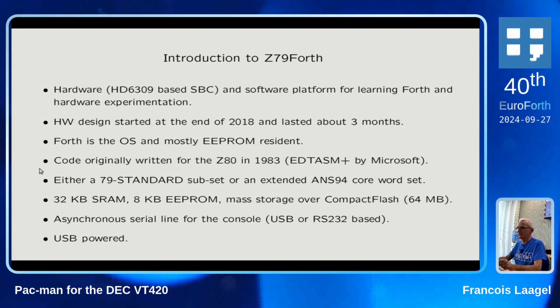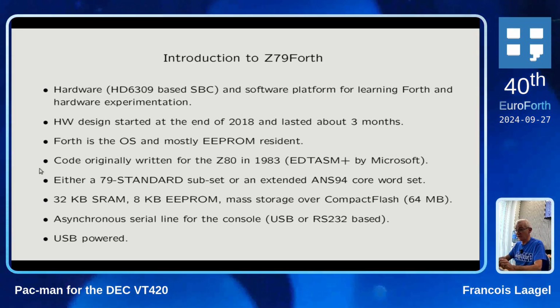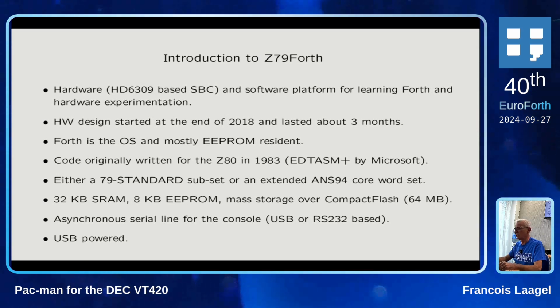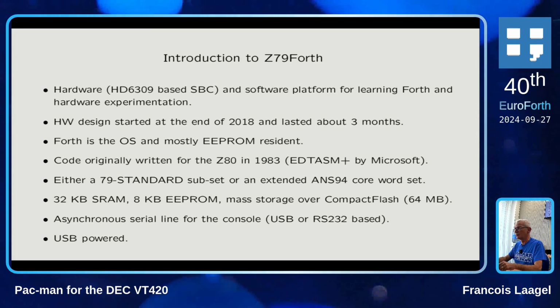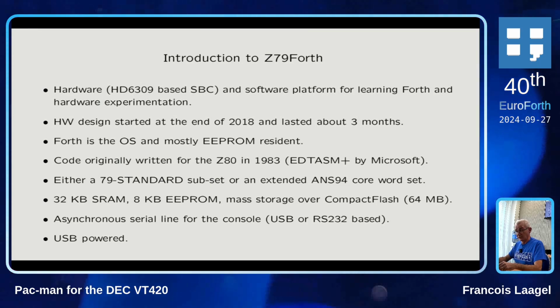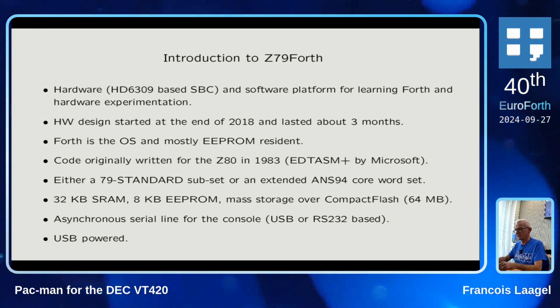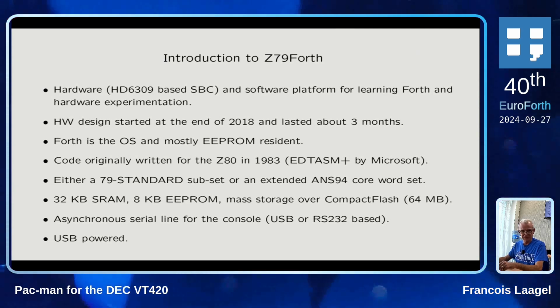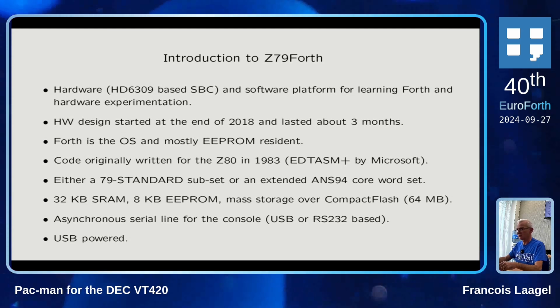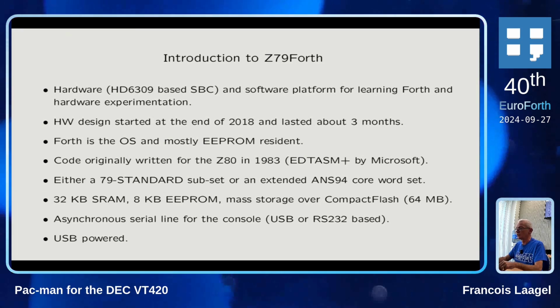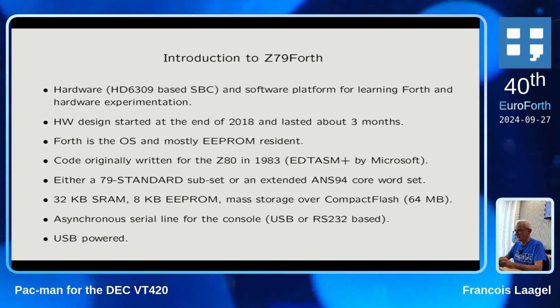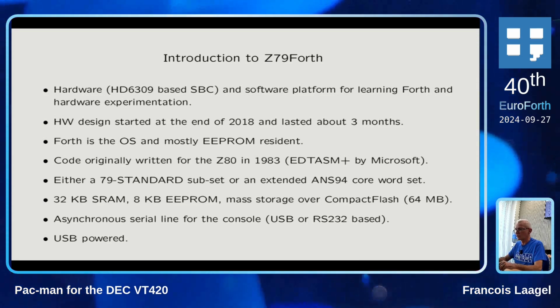The Forth itself was originally written in Z80 assembly code in '83. It survived in the form of a printout, which was kept for 35 years in a trunk in my basement, but I dug it out and ported it to the 6809. So software-wise, you can go old style with a 79 standard subset, or the modern way for me, which is the ANS94 core word set.